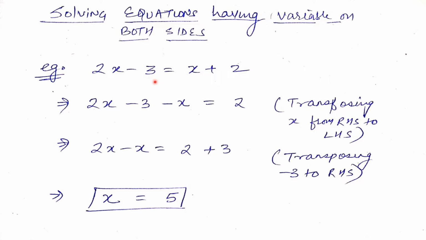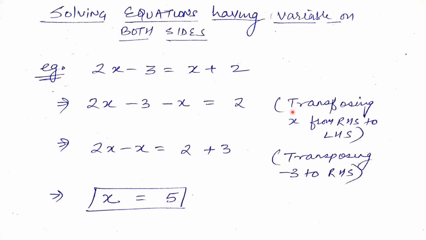Similarly, this minus 3 and 2 are like terms, so they should be on same side. So first of all, I will try to bring all the variables on one side. You can bring this 2x on this side also if you want, but I am taking this x on left hand side. It depends, whatever you want. X can be on left side as well as right side. But the main thing is all the variables should be together and all the constants should be together.